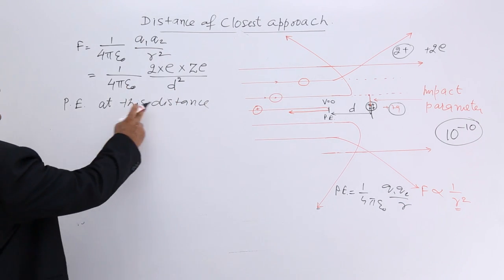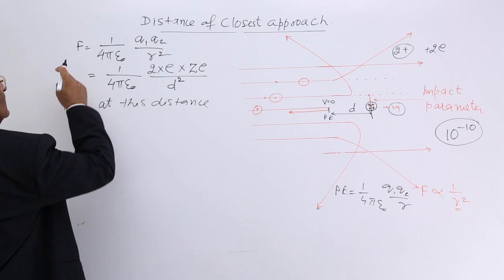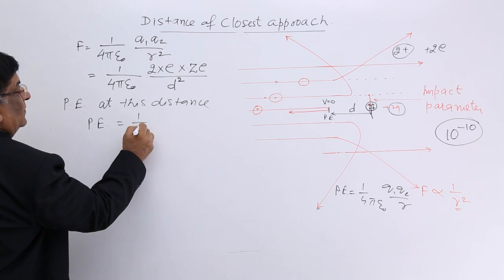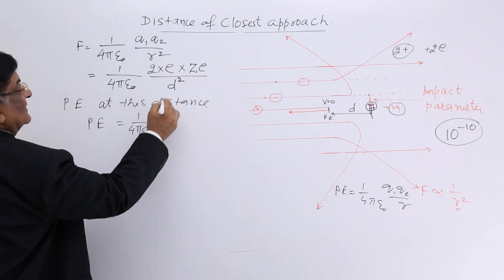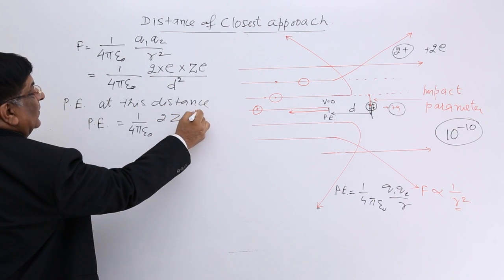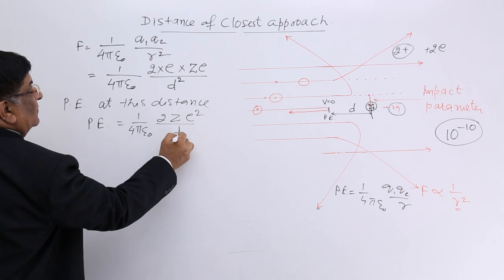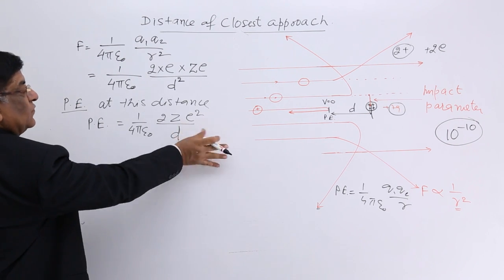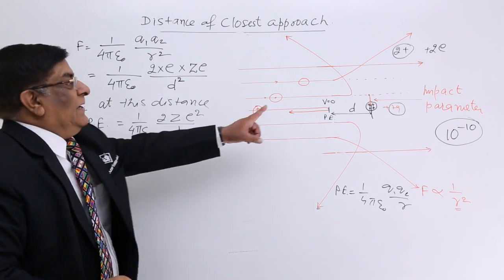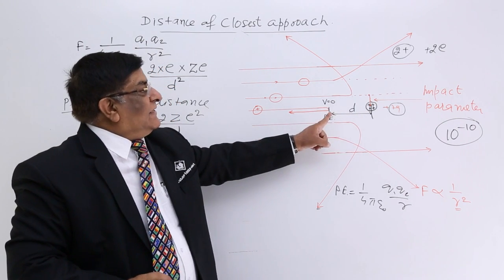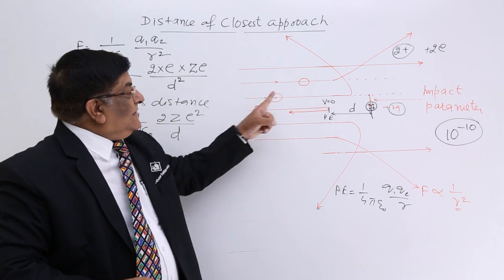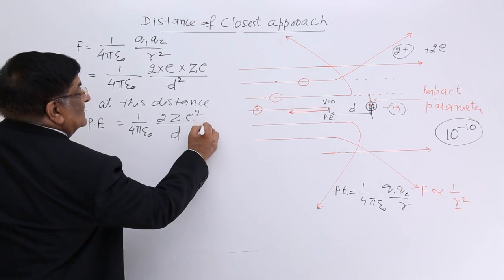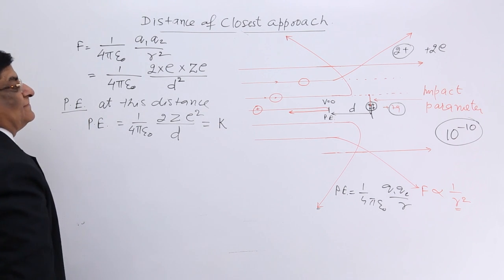So we can write potential energy at this distance is equal to 1 upon 4 pi epsilon naught, and this is 2 z e square upon d to the power 1, because it is potential energy, not the force. So this is potential energy here. Now we have already discussed that whatever is the potential energy here, that was kinetic energy here. So this we can also write that this is equal to kinetic energy.